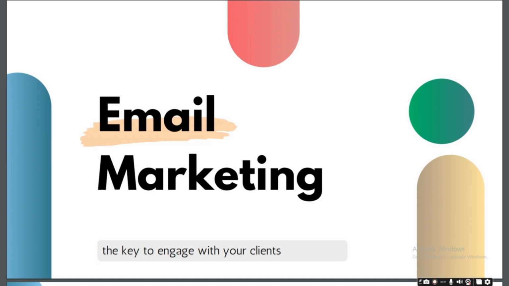Email marketing is always known as the key to engage with your clients, making your potential customers interact with you so that they do not leave you and your product or service and go to some other product or service. They stick with you and you create a monopoly in the market if you have those potential customers coming to your product or service.